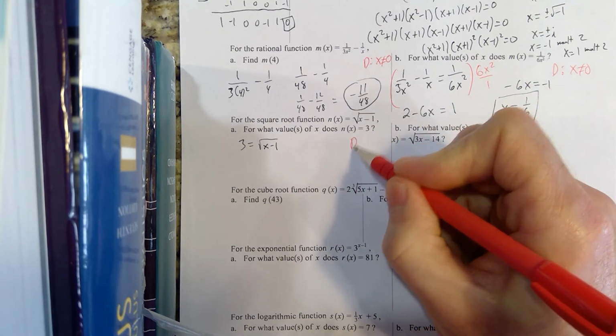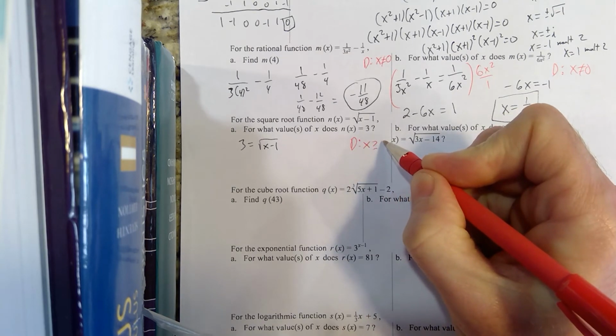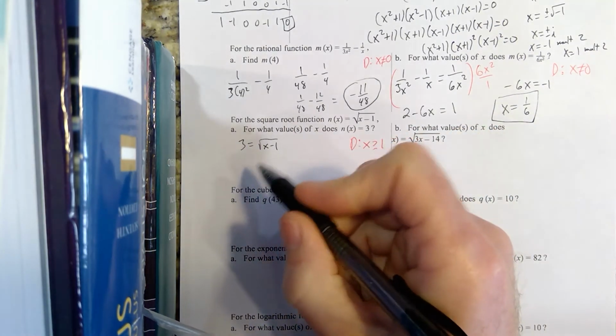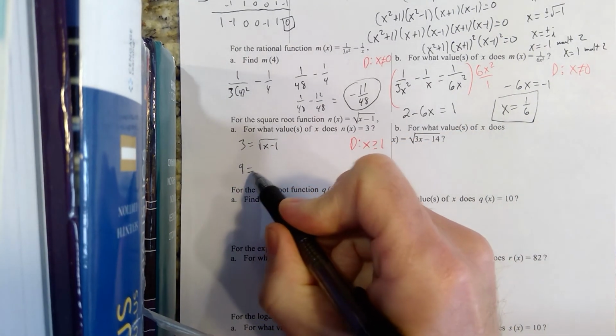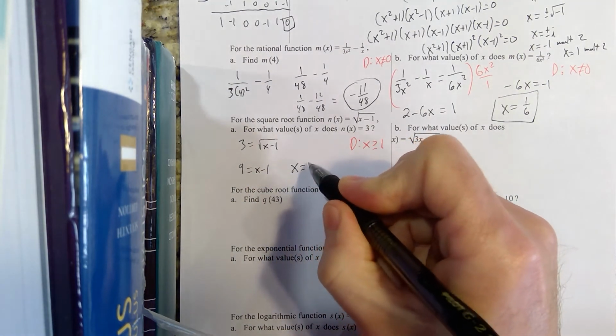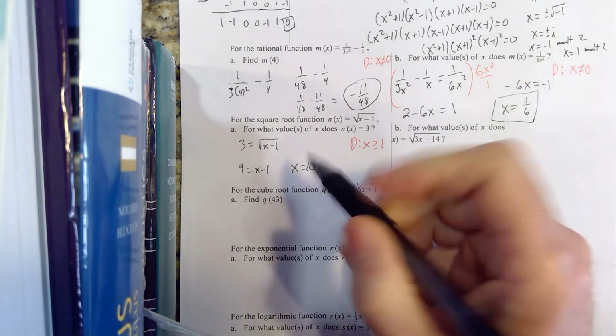In this case, my domain would be that x has to be greater than or equal to 1 to get a real output. All right, solving this, we would square both sides. And we would find that x equals 10, and 10 is acceptable in my domain.